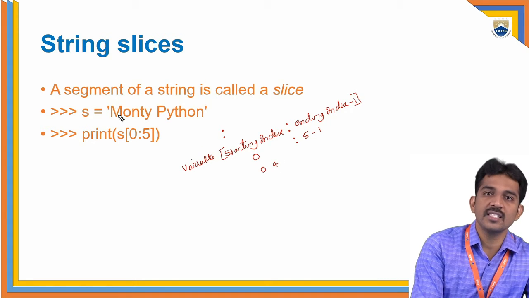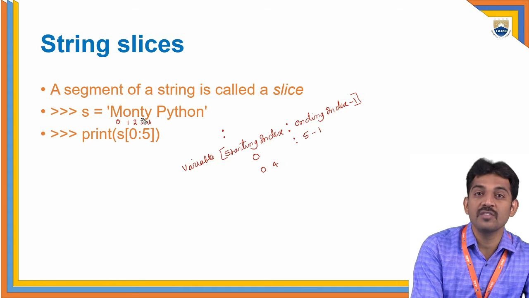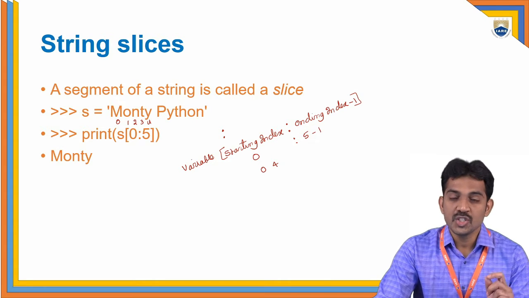If you consider the string here, this index is 0, this is 1, this is 2, this is 3, this is 4. It means you are going to print the string between 0 and 4. The answer is Monty.